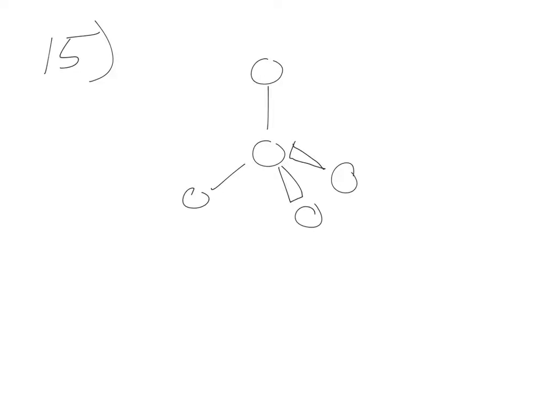That molecule is tetrahedral. But they didn't ask what it was called, they asked what's the bond angle. If you remember from yesterday, a tetrahedral molecule has 109.5 degrees for all of its angles. So all those angles are identical. Again, no lone pairs.